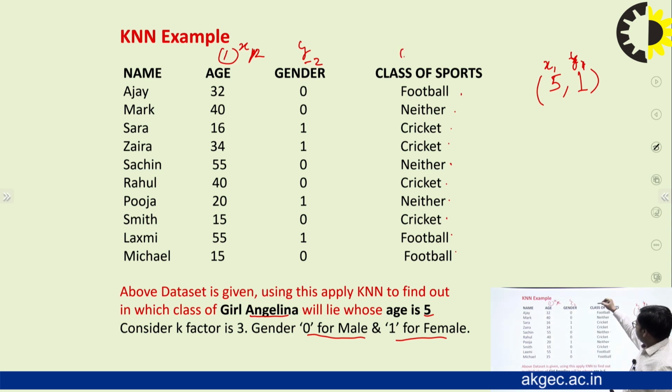This is the outcome class. There are a few classes: football, cricket, and neither. So the whole data set has 3 classes, and we need to identify which of these 3 classes Angelina, whose age is 5 and gender is female, belongs to.